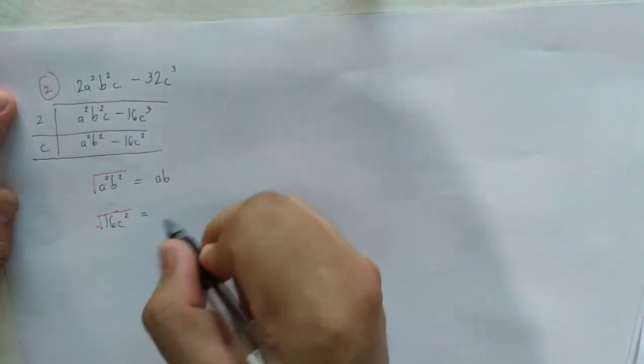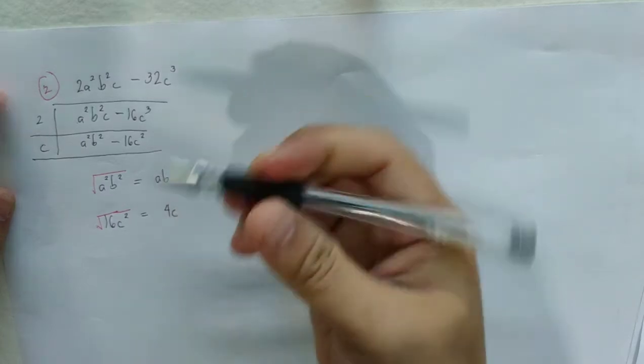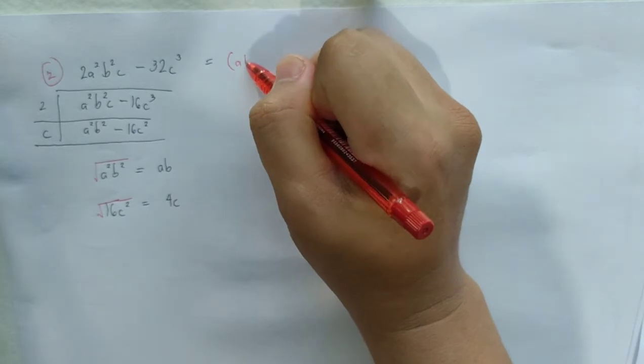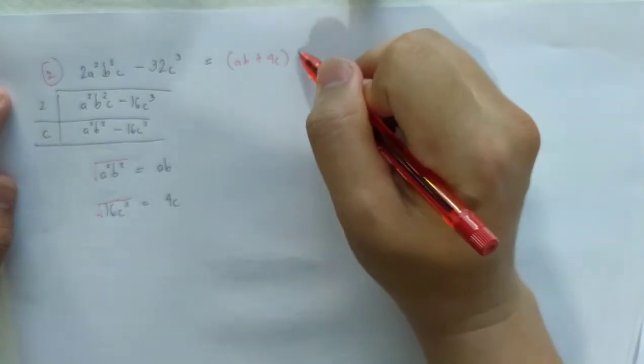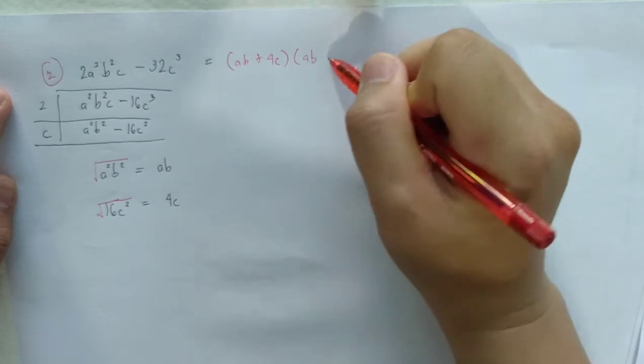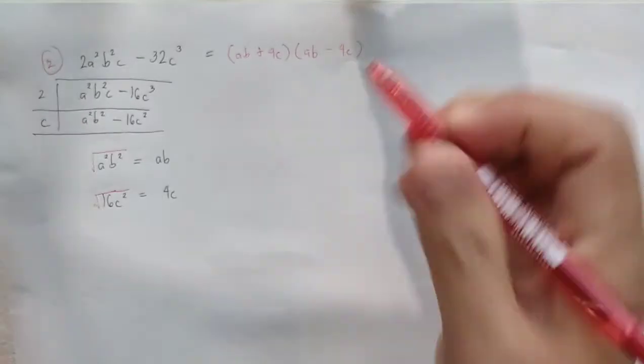Ang square root ng 16 ay 4. Ang square root ng c squared is c. So, pagsamahin lang natin. So, the answer is ab plus 4c multiplied by the quantity of ab minus 4c. So, ito na yung final answer.